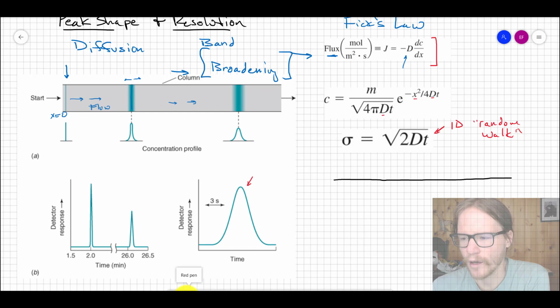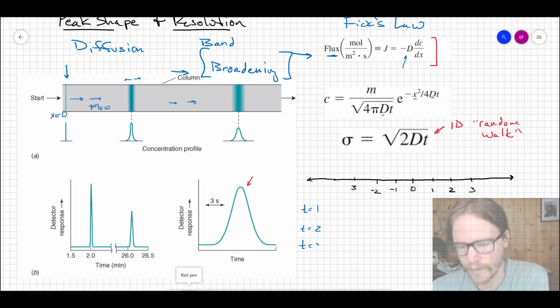The 1D random walk, although I won't derive it, is based on the binomial distribution, where you hypothetically have an axis, this is our 1D axis, with different positions x along the way. These are all just discrete positions, and we go through at several different time points: time 1, time 2, time 3.